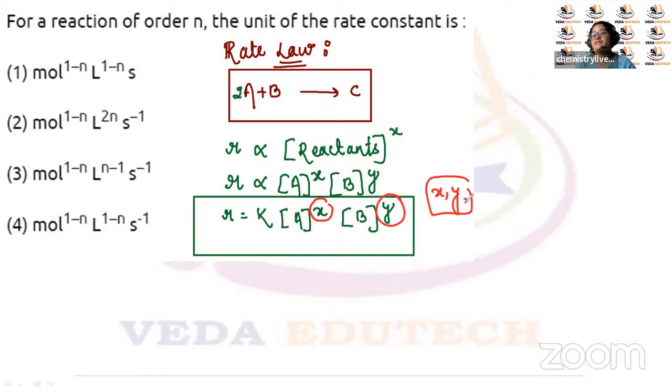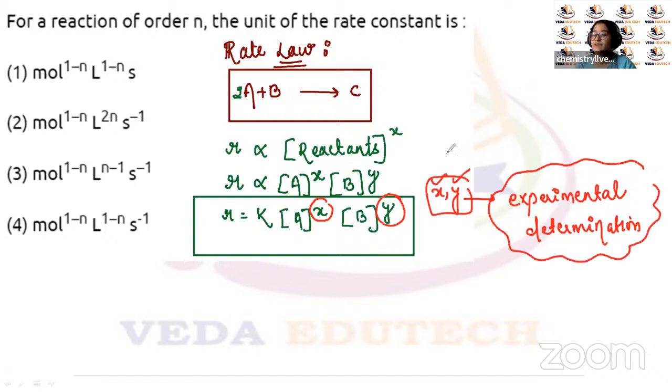And how do you get these powers? You get these powers by experimental determination. You determine these experimentally.